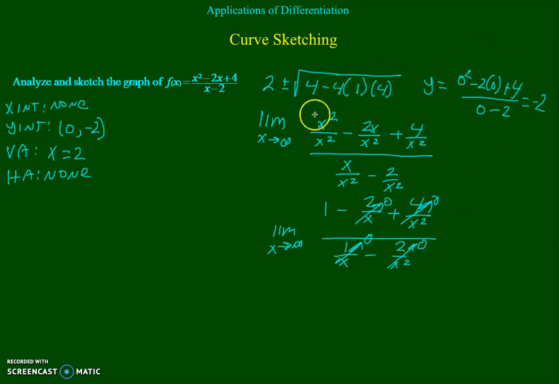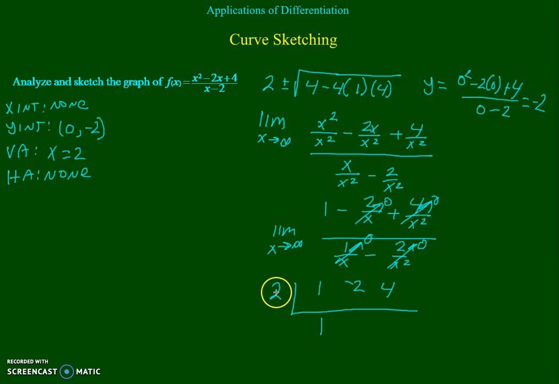But now because this function does increase without bound, there's a possibility that there may be a slant asymptote. And if we notice that the degree of the numerator is 1 greater than the degree of the denominator, we can see that there's a great likelihood that there is. So we're going to do some synthetic division here to find out what that slant asymptote is. So x is 2, and that's going to go into the coefficients of our numerator.